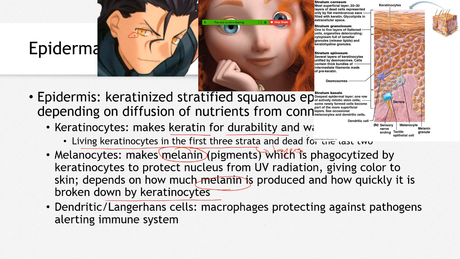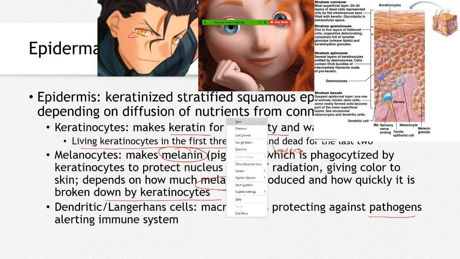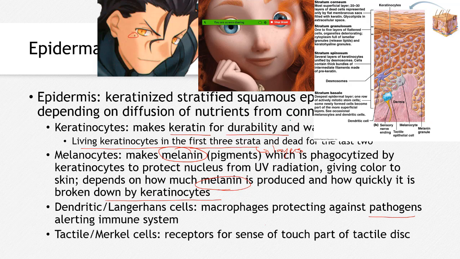For dendritic cells, these are macrophages as well. And they are going to protect us against pathogens by taking up those bacteria, and help alert our immune system. And then there's something called tactile cells. The tactile cells help detect the sense of touch.